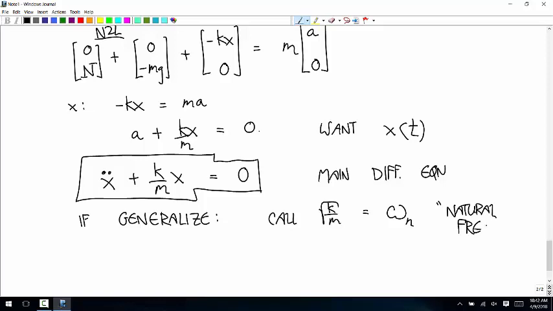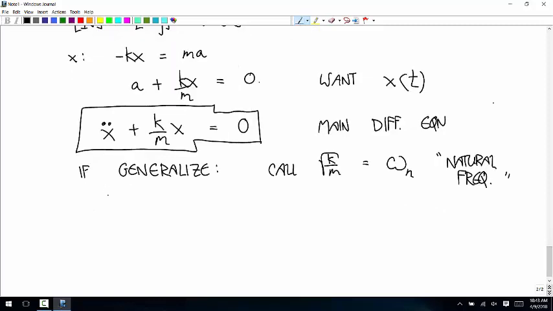It's not actually a frequency, which is a pain when you're trying to keep this stuff straight, but that's what people call it. And then the equation becomes x double dot plus the natural frequency squared times x is equal to 0.